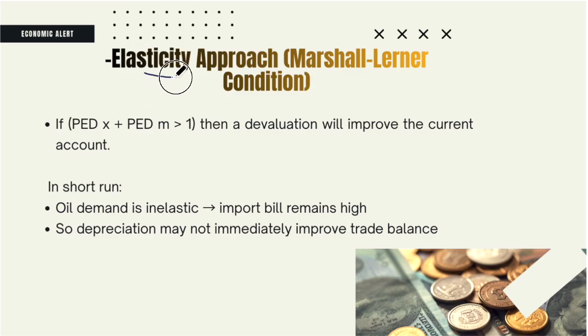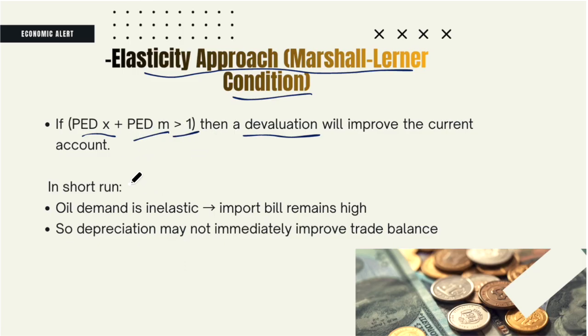Next is the elasticity approach, the Marshall-Lerner condition. The Marshall-Lerner condition says that if you want your current account deficit to decrease or your current account to improve, the devaluation will lead to this outcome only if the price elasticity of demand for exports plus imports is greater than 1.